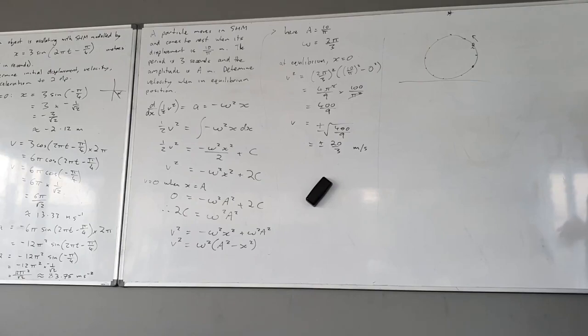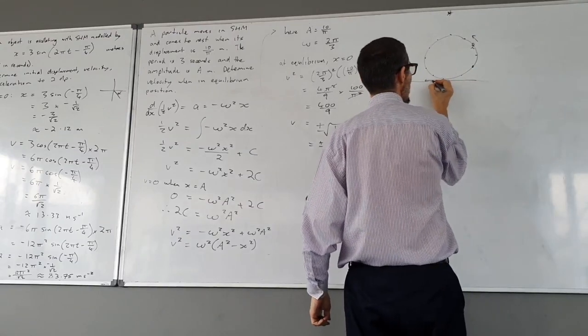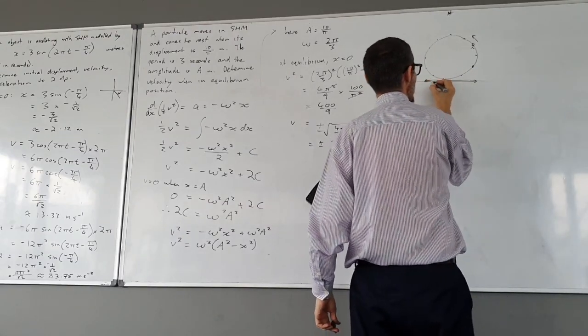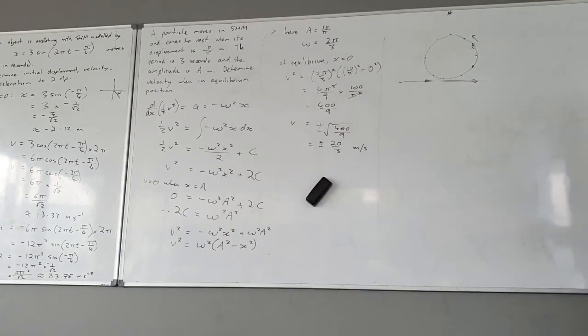What's your shadow doing? How can I model what's happening to your shadow? Your shadow goes this way, then that way, then this way, then that way. Can I be more specific? Yes, I can.